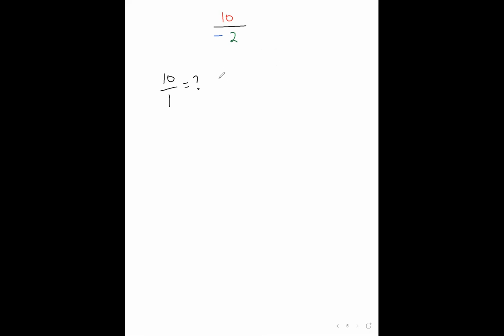10 divided by -2. Okay. First tell me, what is 10 divided by 1? 10.